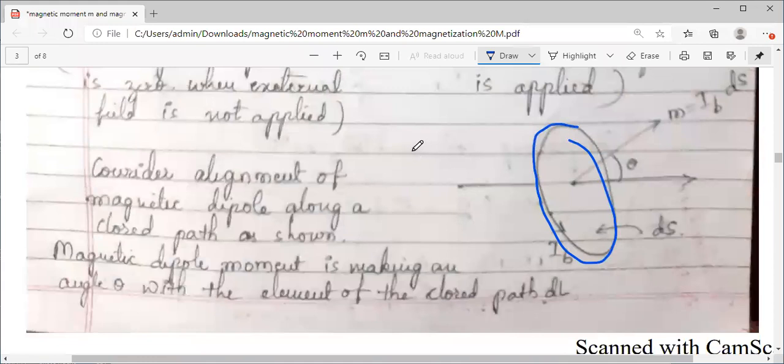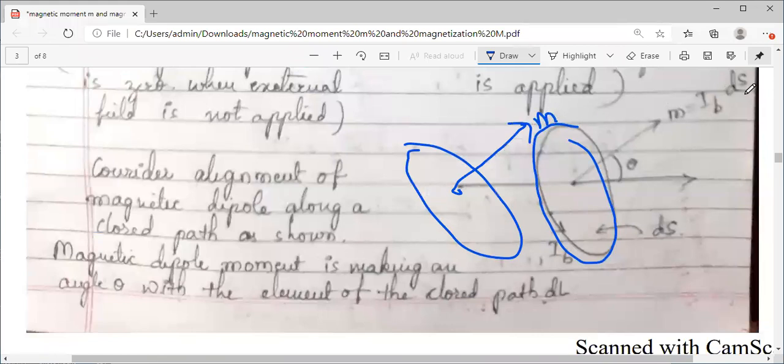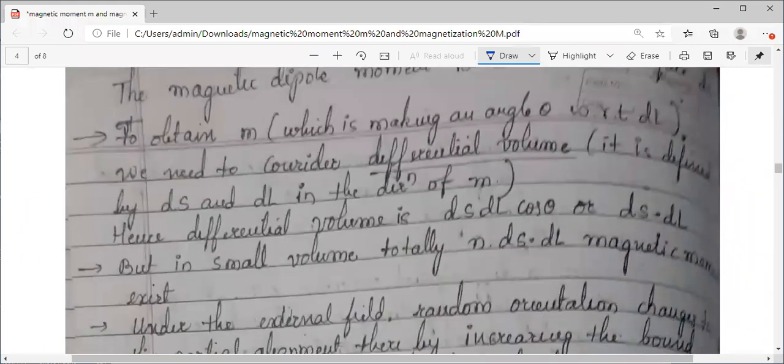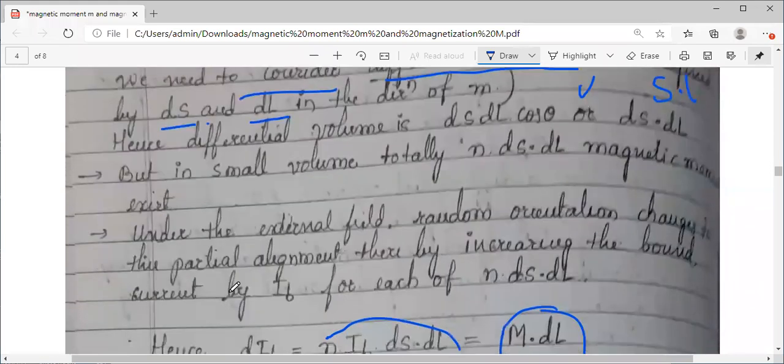It is a tilted structure, so its dipole moment direction is like this, m equals IB into ds by definition. Okay, so if I consider this, I am considering a differential volume. Volume is actually surface area into length. So I have split this volume into ds into dl, so the differential volume will be ds into dl.